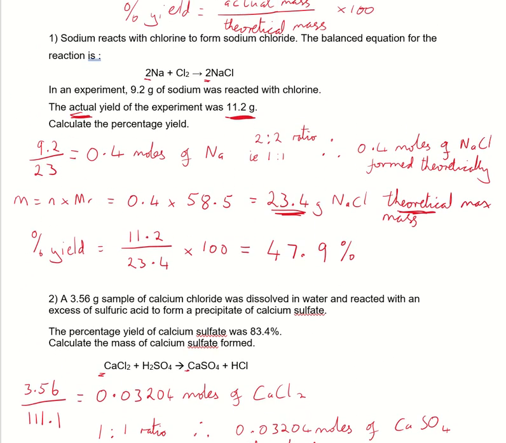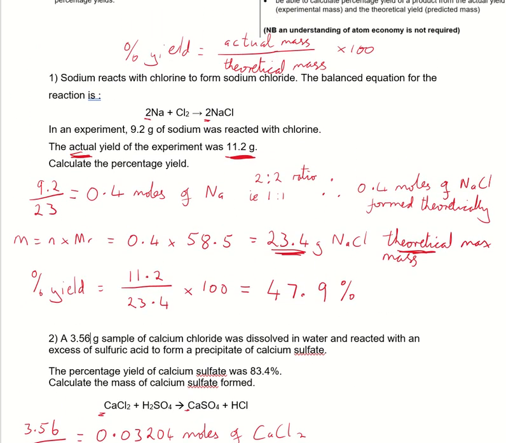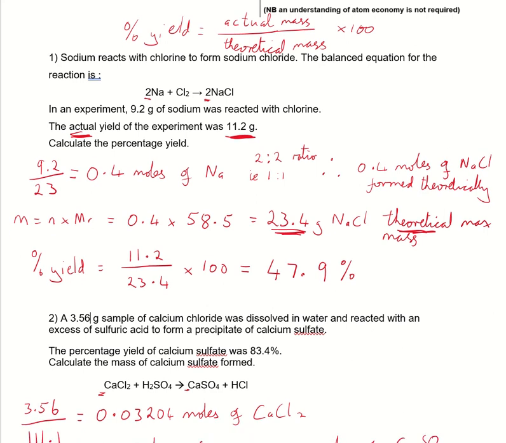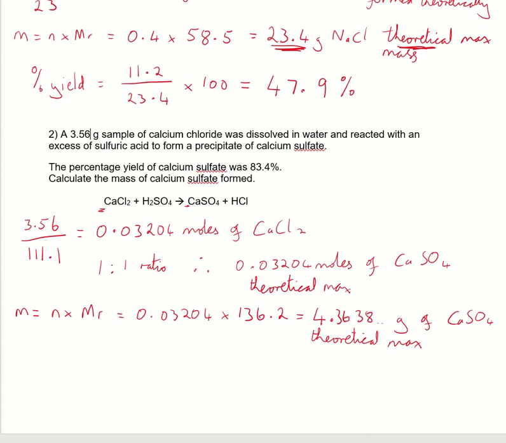And just to kind of show you how it's linking on up there. So I would have to multiply that over and then divide by 100 to get rid of that. So I can do up there then, the 83.4 multiplied by 4.3638, so on, divided by 100.